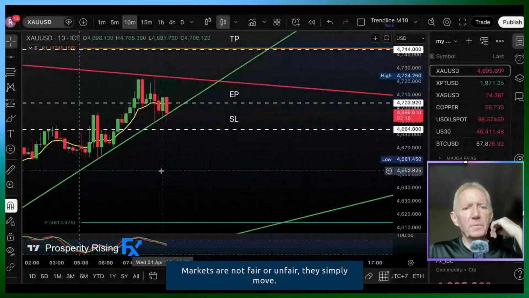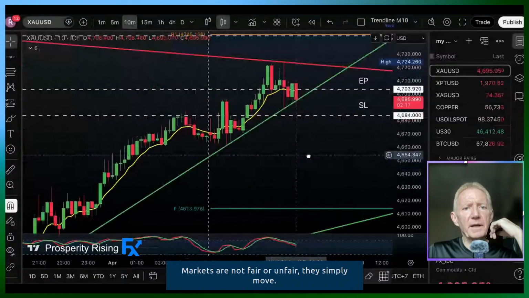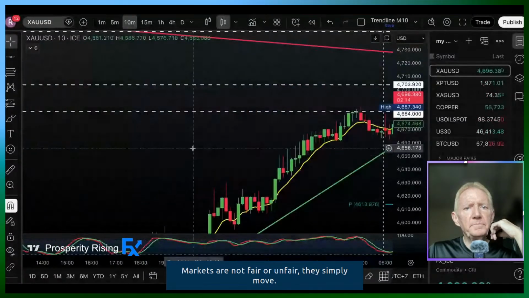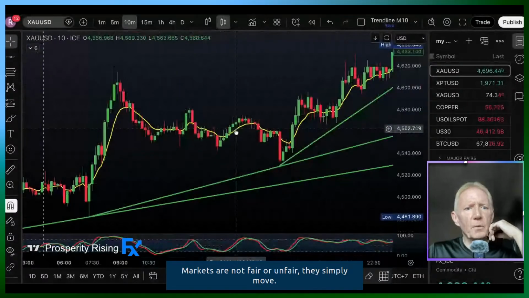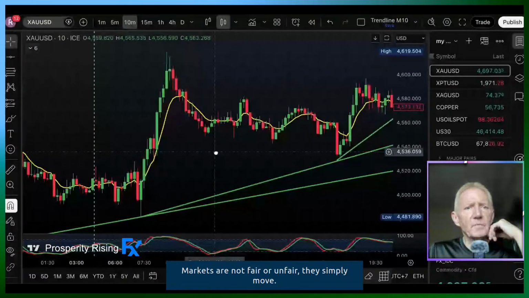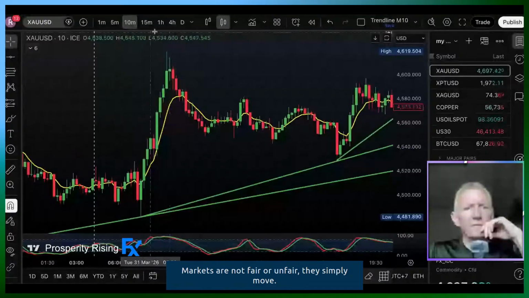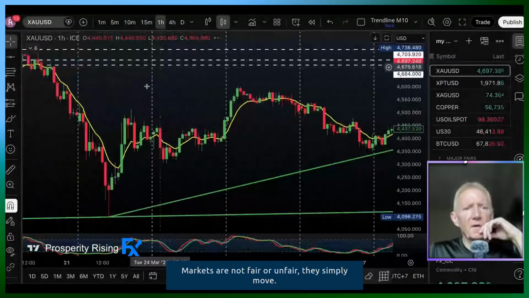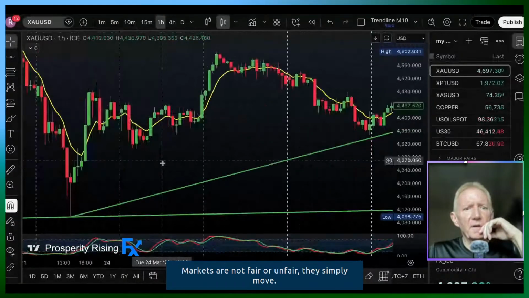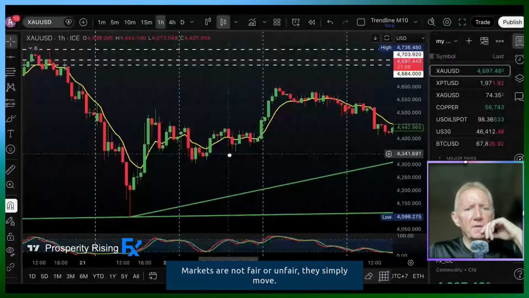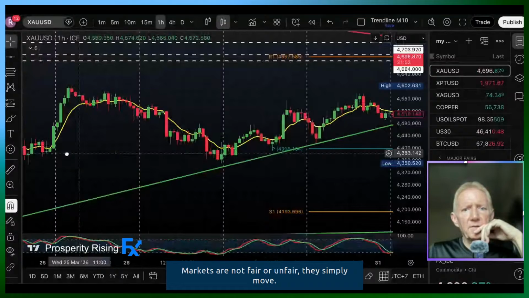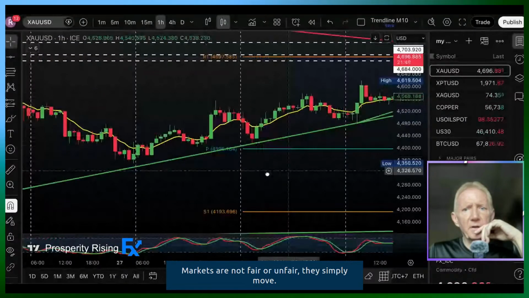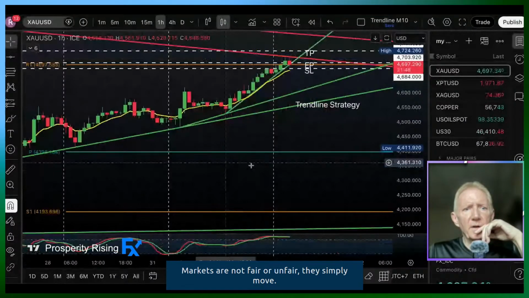So interesting, if we look back at yesterday while we're waiting for this to play out, this was where we were over here yesterday. If you look at the 1 hour chart, very interesting. Okay, here we are, the 1 hour chart.